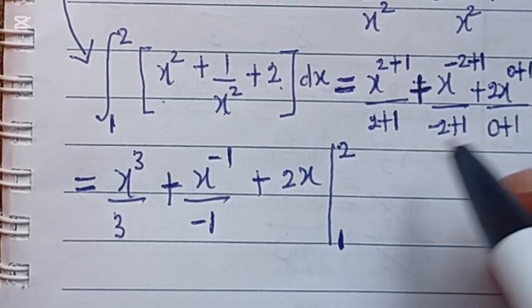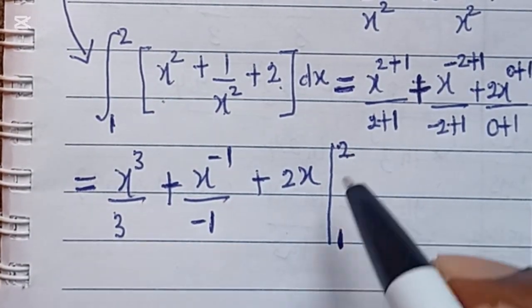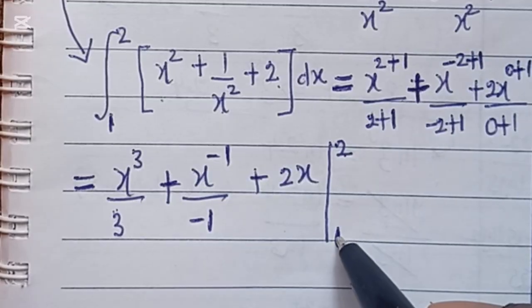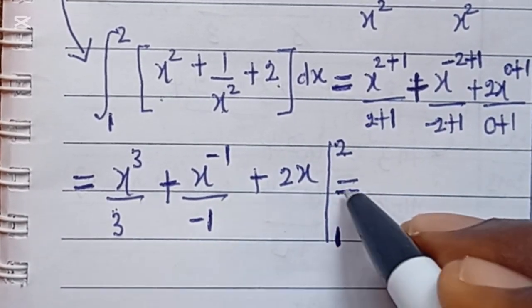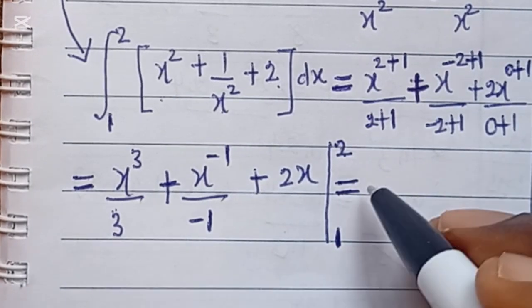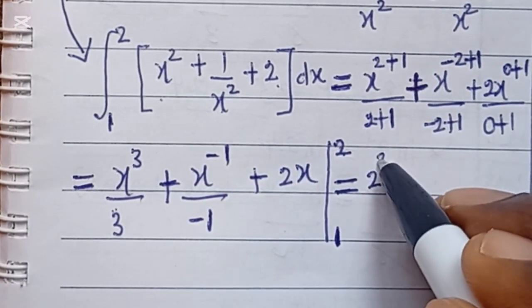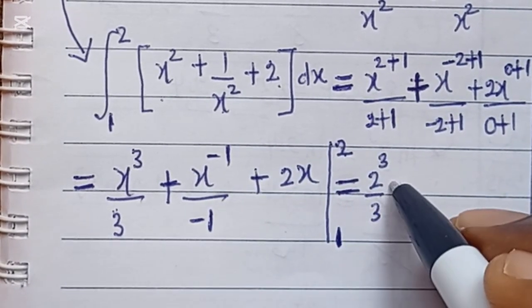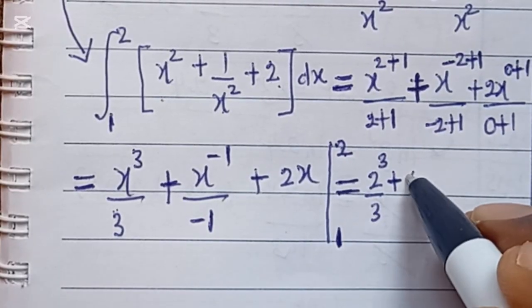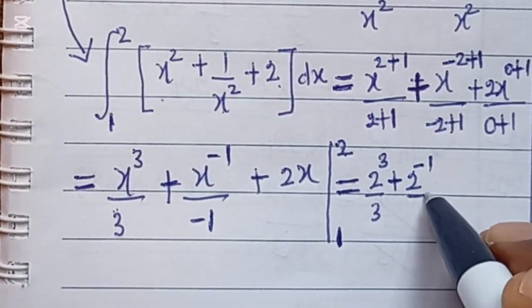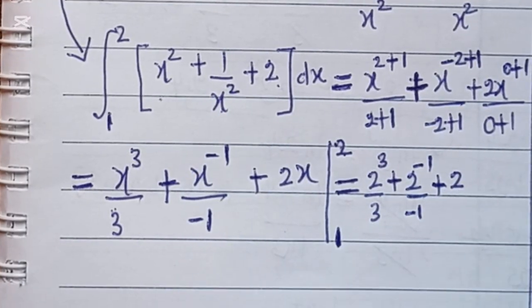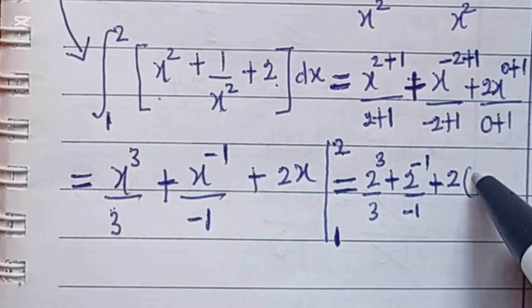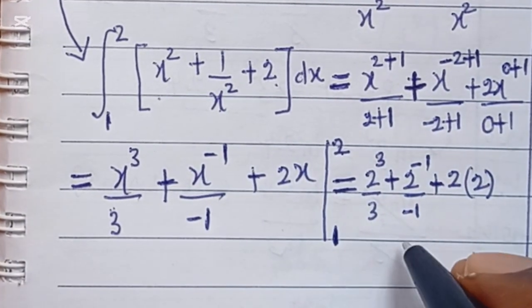So we're going to evaluate this expression by substituting 2 into it and subtracting what we get from substituting 1 into it. Putting 2 into this expression, we have 2 to the power of 3 over 3, plus 2 to the power of minus 1 over minus 1, then plus 2 times 2.